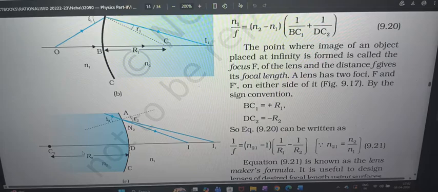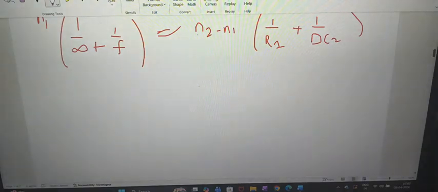No, for radius of curvature and focal length, you will follow proper convention only. So that's why we'll consider it as negative. So here it will become negative R2. So I can change the sign here as negative, and instead of DC2 I can write it as R2.